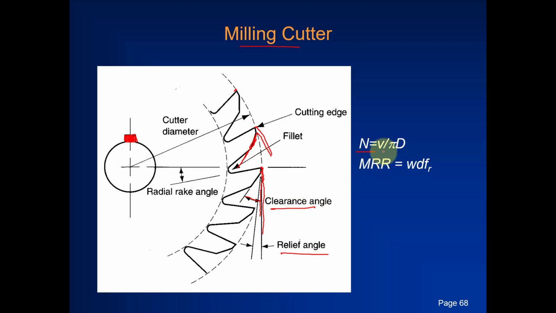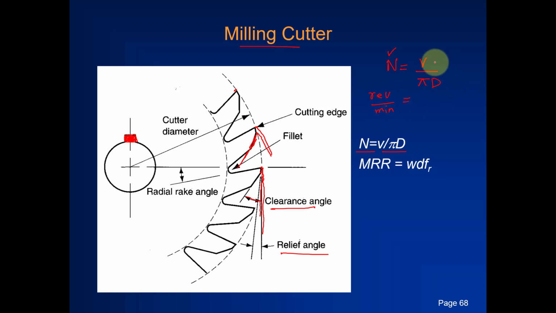And again, from the previous lecture or previous slide, you can see that rotational speed is N equals V over pi D. Clear? So N is rotational speed having unit revolutions per minute or per second or per hour, depending.